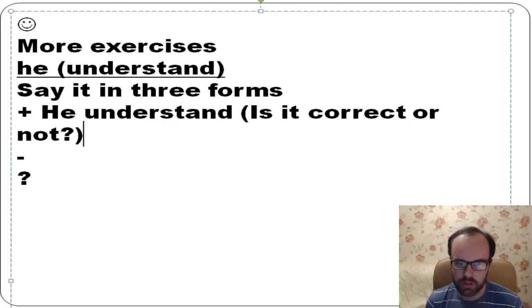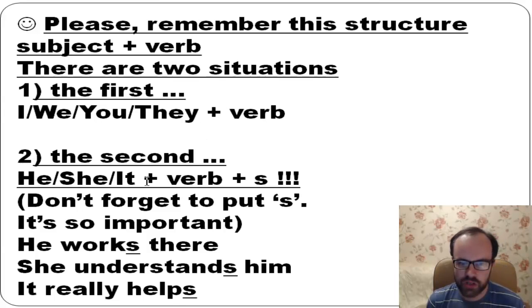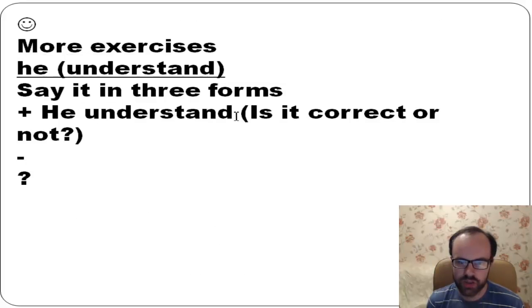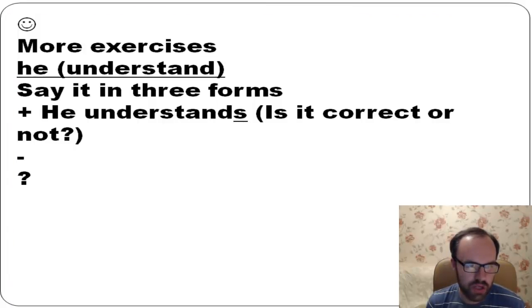Not. Because, look, it's the second situation. If we have he, she, it, so we have verb plus s. Don't forget to put s. So he understands. Good. Next. So negative form. How to say it?